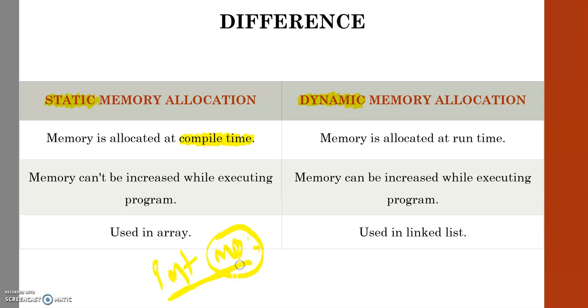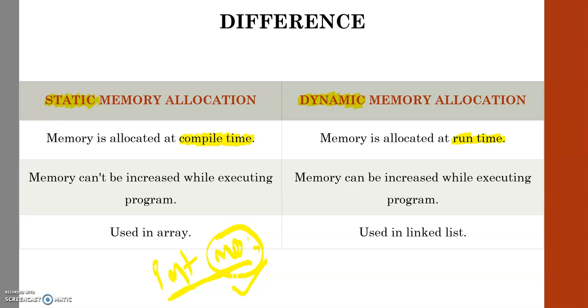So static memory allocation normally happens at compile time, while in the dynamic memory, memory is allocated at runtime. So compilation is done, and when you run the code, at that time you can allocate the memory. This is the main difference between the static and the dynamic.